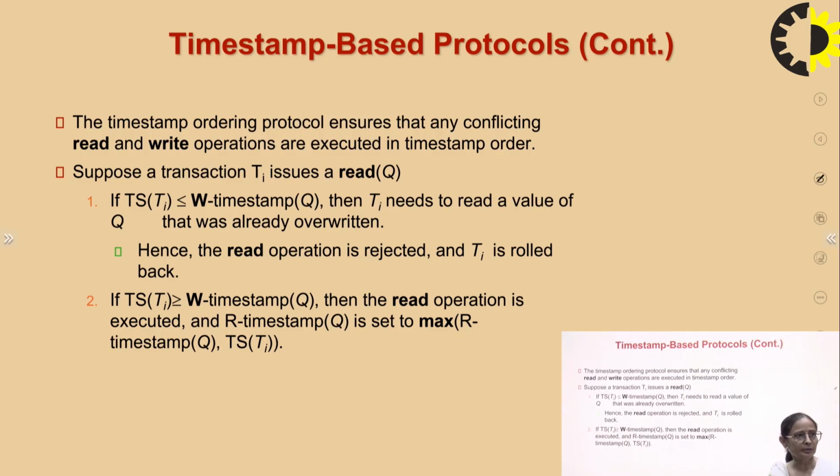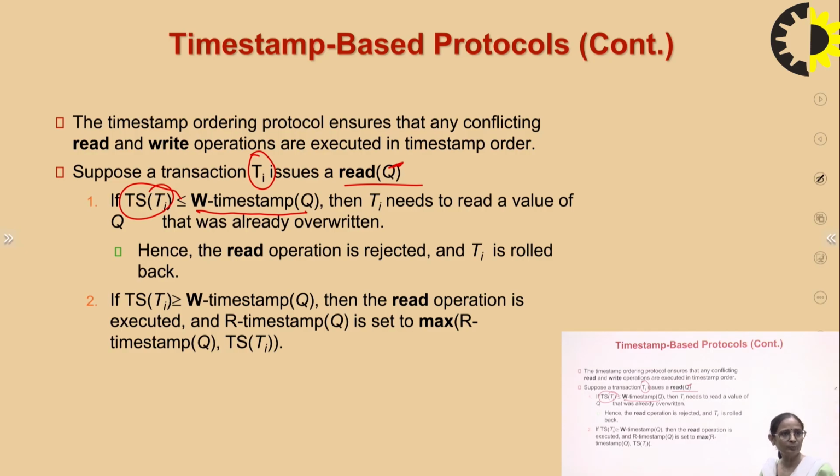And how does it do this? Suppose a transaction TI issues a read Q, then my system will check the following. If the timestamp of TI, which is going for the read operation, is less than the W timestamp of this data item, then this implies TI needs to read a value of Q that was already overwritten.